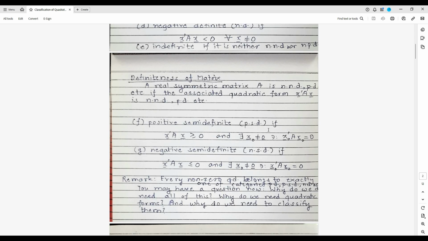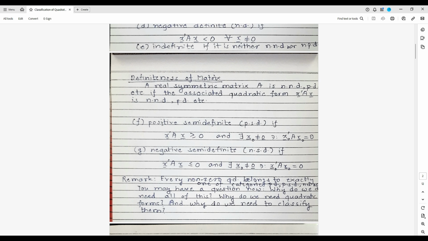So here they are. The quadratic form is positive semi-definite. Now this is slightly different from non-negative definite. How does it differ? Let us first consider positive semi-definite, then we will talk about its comparison with non-negative definite.